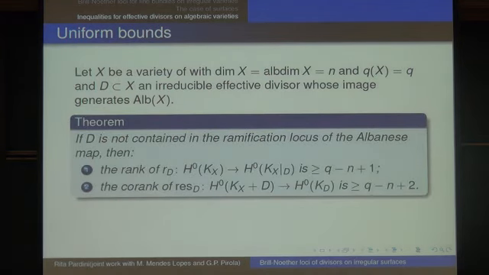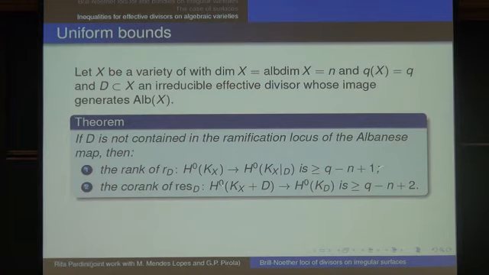And we get an analog of the two steps in the proof of Shao, because we give a similar bound for the image of the restriction map from H0 of Kx to its restriction to D, and this is Q minus n plus 1, so when n is equal to 2, it gives you Q minus 1, which is what we had previously.